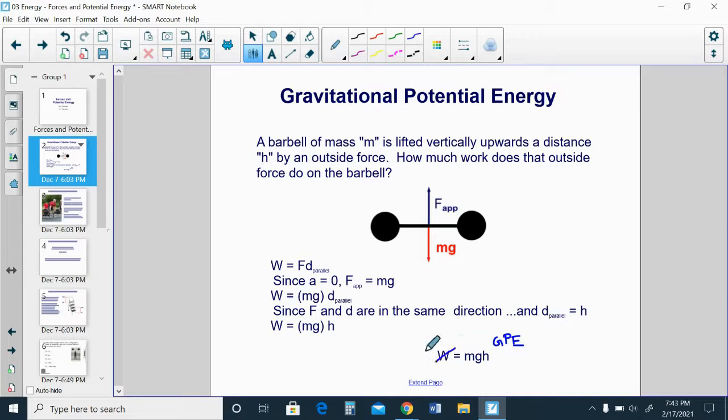So you could replace that. GPE is our abbreviation for gravitational potential energy. The equation isn't actually that different from what we just used. We're just focusing on it as gravitational potential energy instead of just work.